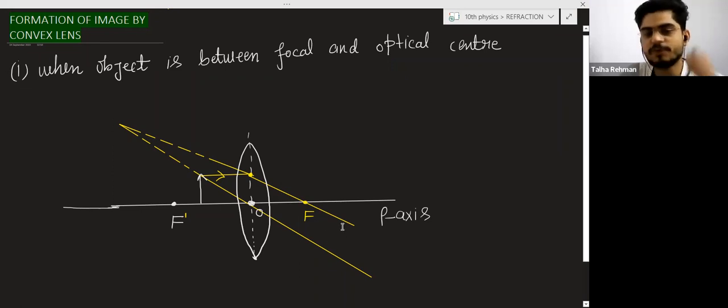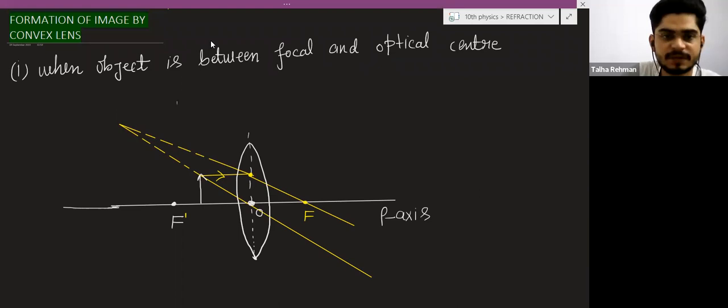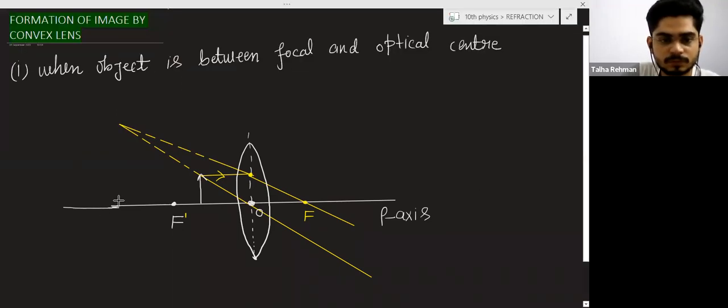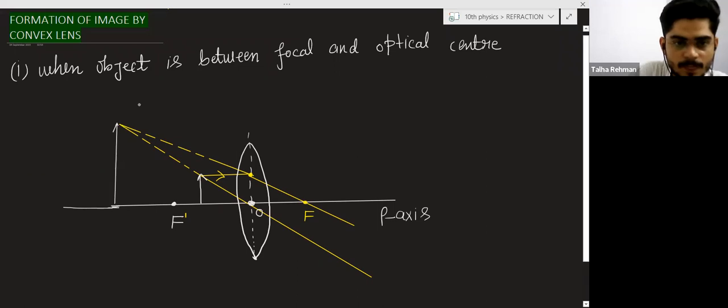But for the image formation, we produce these rays in the backward direction, and somewhere here in the backward direction these rays will meet and we will get the image. So this is the image we have got, and this is the object.